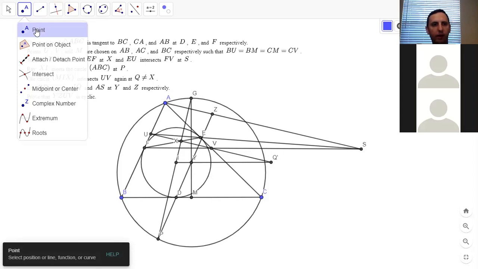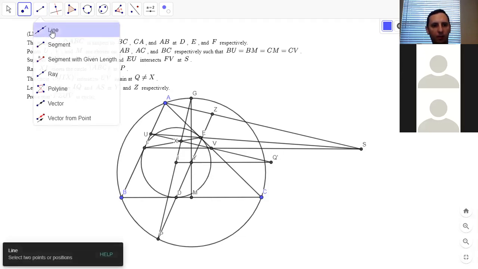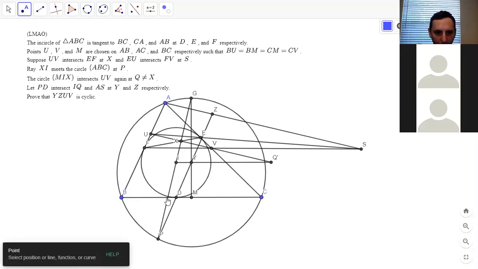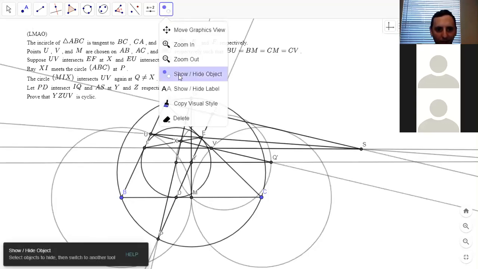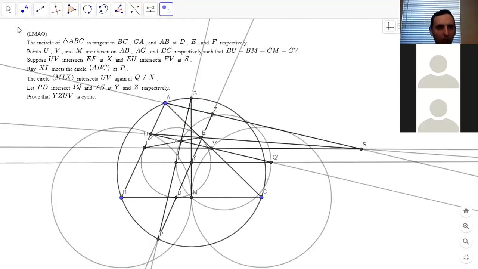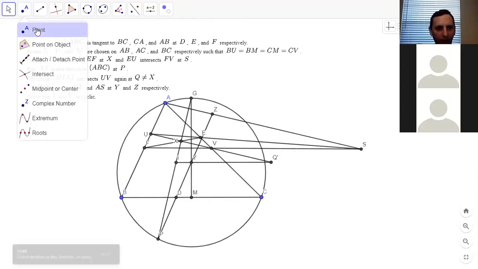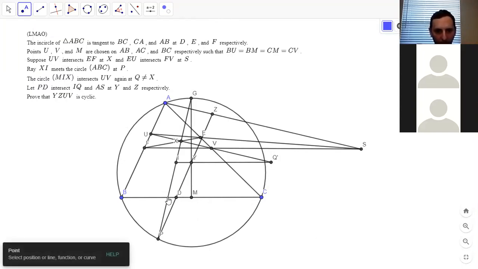Okay, it's P. PI, sorry. Whoops. Let me try it one more time. It doesn't like it. Okay. Let me do this, and I'm going to unhide it in just a second. There we go.